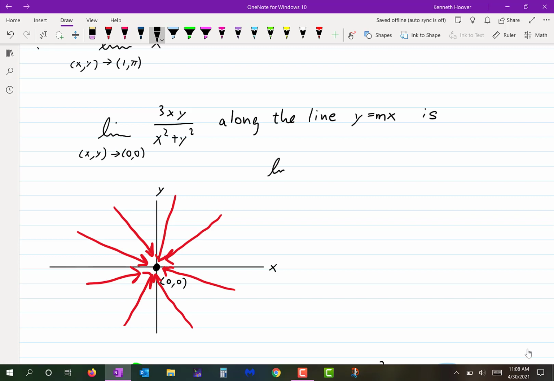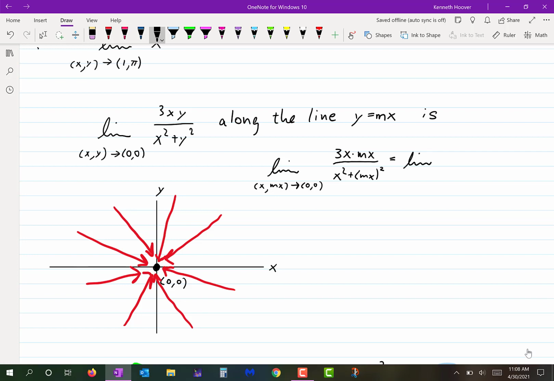Let's do that. So I'm going to write x, mx is approaching the origin. Okay, and then we'll have here 3x times mx over x squared plus mx squared.